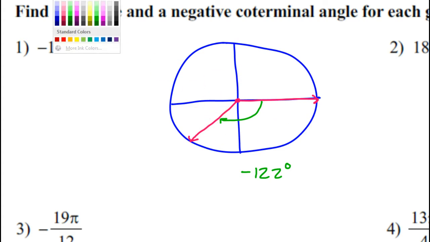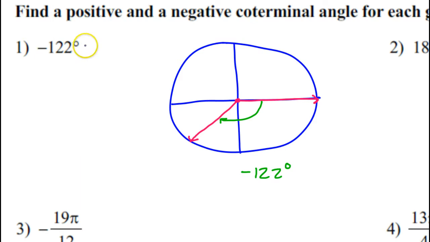So that would be the same as adding 360 degrees. If I take negative 122 degrees and add 360 degrees, I should get a coterminal angle, because that would be the same thing as starting here and going all the way around the circle and coming back to where I started from.